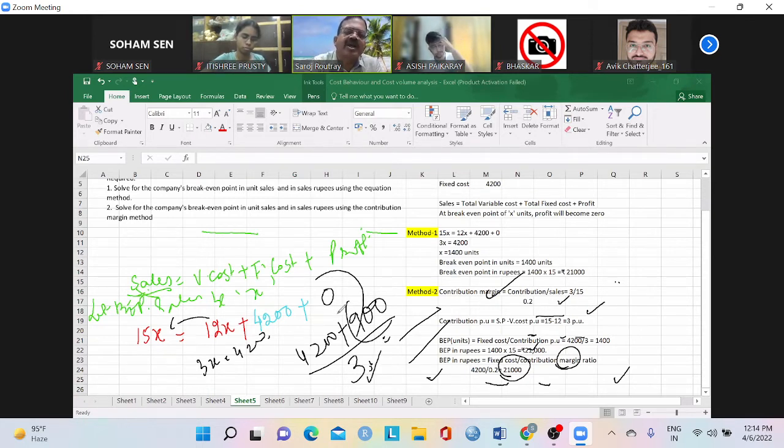What I am doing? Fixed cost plus desired profit divided by contribution per unit. This contribution is very important. This is what actually adds to my profit after recovering fixed cost. So if I can increase the gap between the variable cost and selling price, that is always beneficial for the organization.